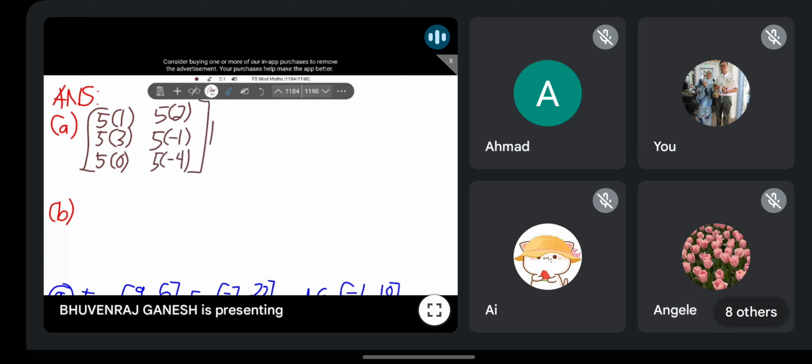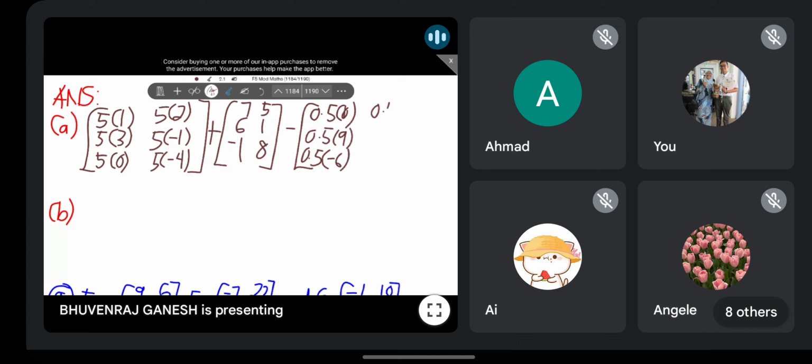So you will get something like this. Okay, and then you plus with this one, you just copy 5, 18, and then this one. Okay, over here, you can take the number 1 over 2 as 0.5, and then you multiply inside to every single number. Okay, 0.5 multiply 9, 0.5 multiply negative 6. The negative you maintain outside, don't bring the negative inside.